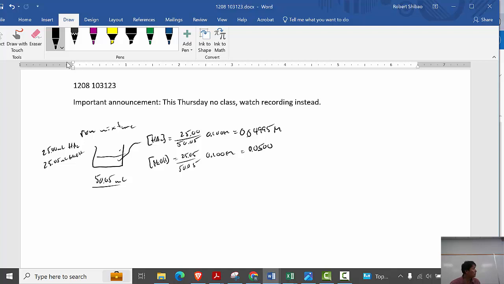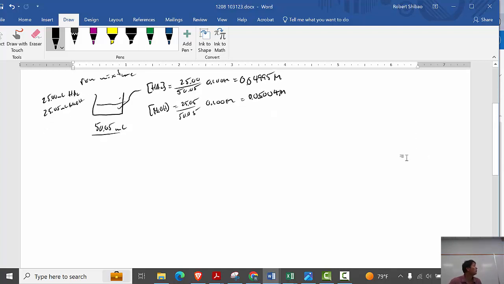We're allowed 3 sig figs, but I'm going to carry 1 extra because of the concentration. And so it goes 4.9, but I'll just go 4 and drop the 9. I'm dropping the 9, but I'm not going to round this up because that would just set up a cascading effect of round off error. So we'll just leave it like this. All right, so we have a slight excess of sodium hydroxide.